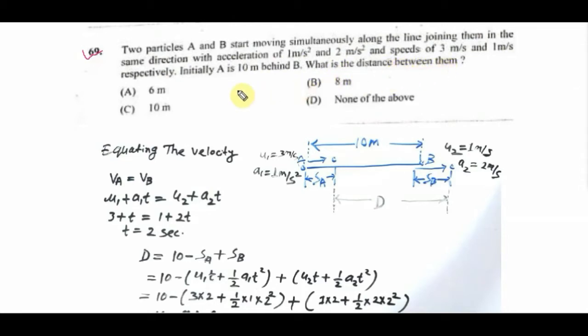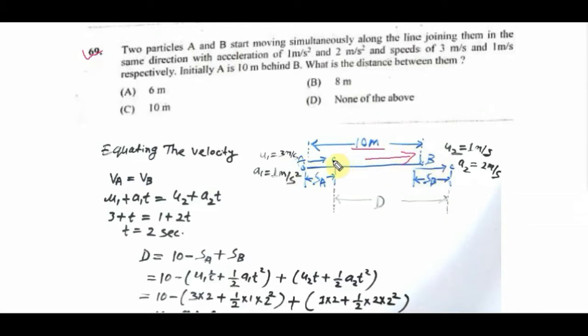So you have to find the distance between A and B. Initially, A is behind B by 10 meter, so initially the distance between A and B is 10 meter. A and B are moving along the same direction.